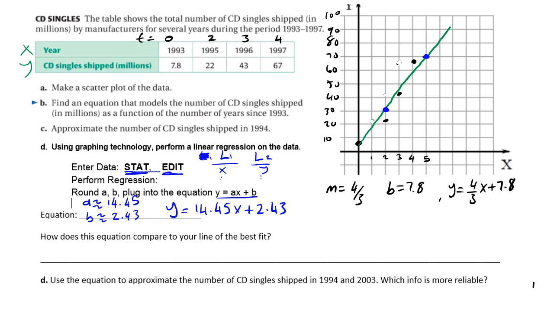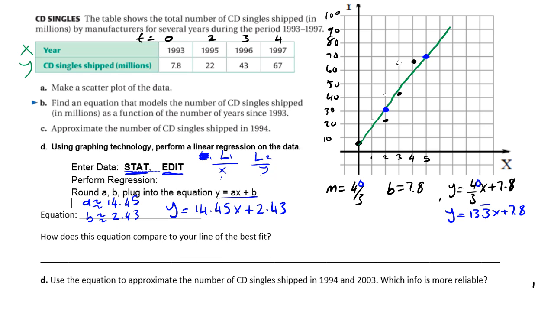and when I look at the slope that we have found, instead of going up 4, I should have gone up 40 over 3, and our slope would be 40 over 3. 40 over 3 is 13.3 repeating. So if I were to approximate this, I would write y is equal to 13.3 repeating x plus 7.8.